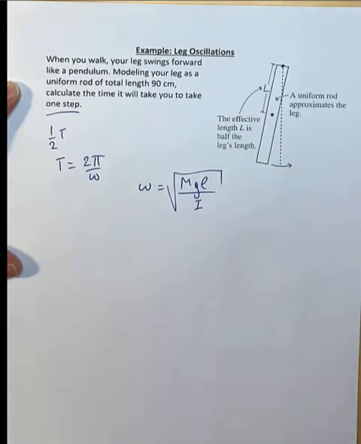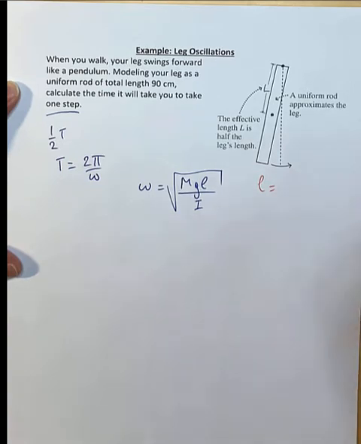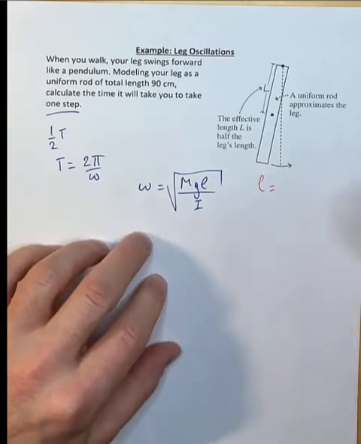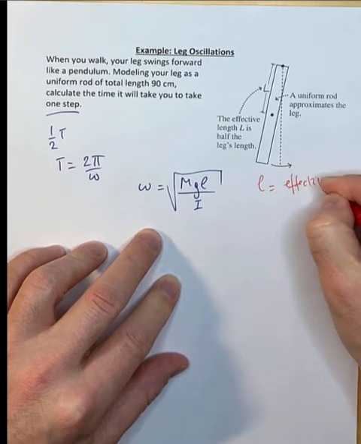And so the reason why you shouldn't go too fast is that you have to be really conscious and aware of what is what. So L in this expression is the distance from the pivot point to the center of mass. Okay, so this is called the effective length.